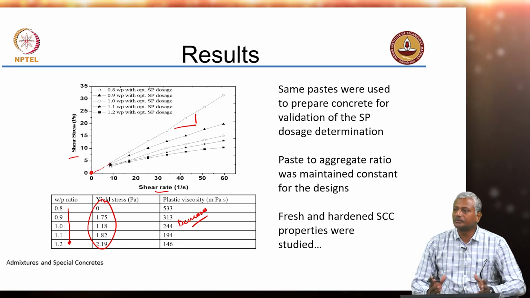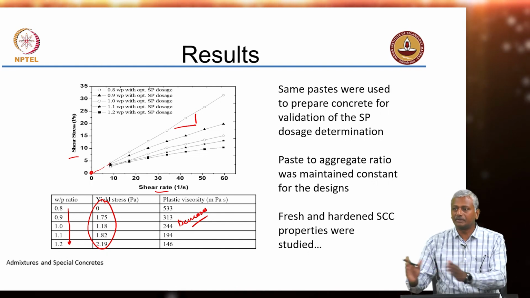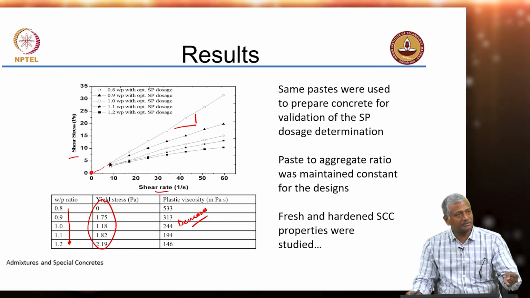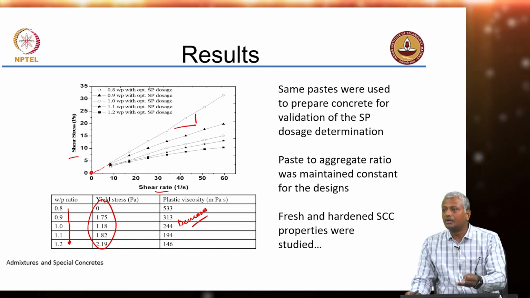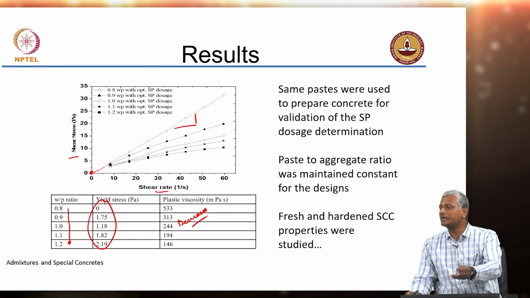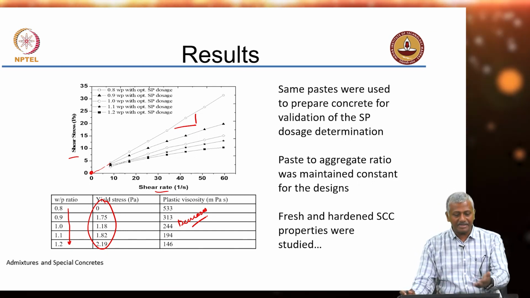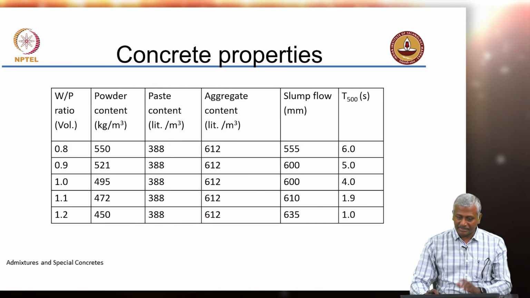Okay. So, the strategy of design of SCC encompasses several characteristics: understanding the powder combination, understanding the aggregate combination that gives the least voids content, using that void content to determine how much excess paste volume is required to get self-compactability, and designing the paste with appropriate rheological characteristics. So, that is the overall design.